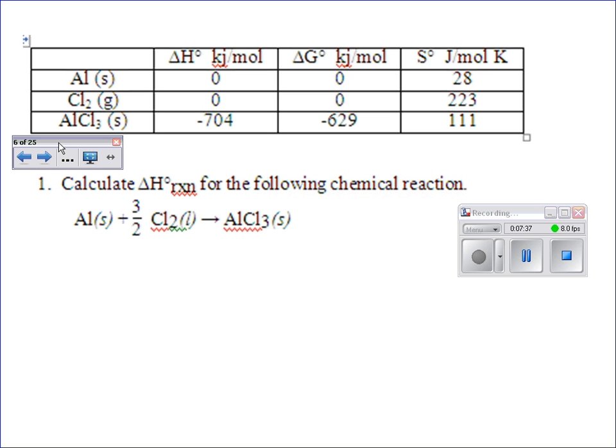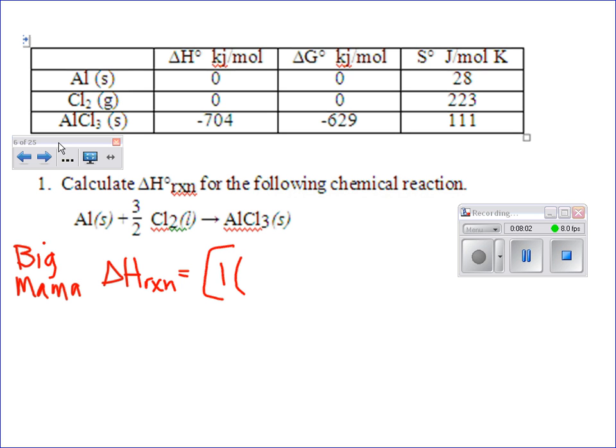Okay, number one, they give us a little table up here. We're going to be using this for a couple problems throughout the in-class problems. It says calculate delta H for the following chemical reaction. How do I do it? Big Mama, using the data above. So with Big Mama, my delta H of my reaction is equal to products times the coefficient. So 1 times, what's the delta H of AlCl3? Negative 704 kilojoules per mole.